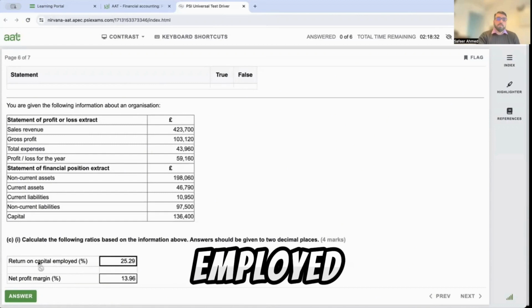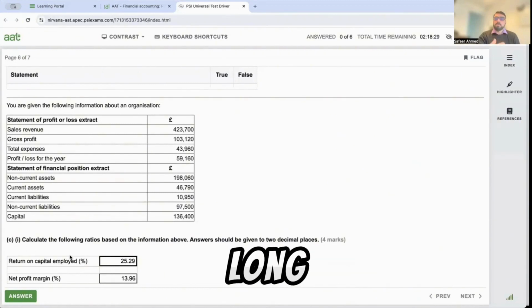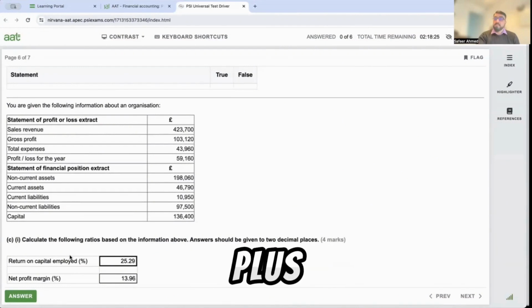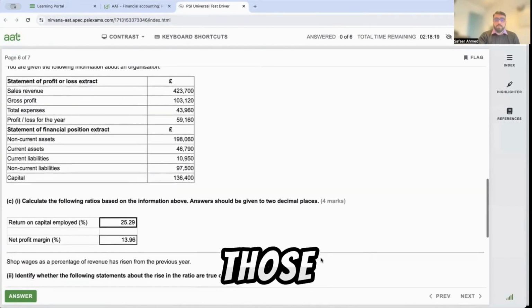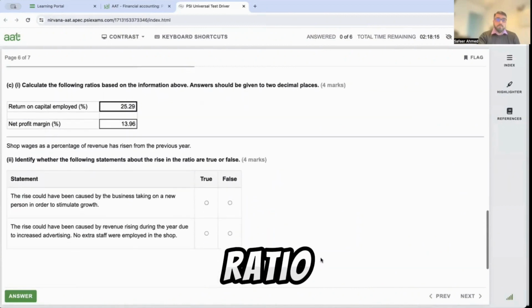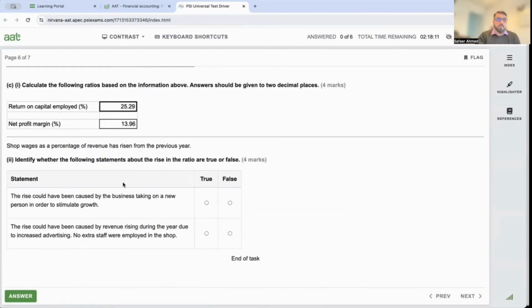Return on capital employed: capital employed is basically long-term finance. So capital employed will be non-current liabilities plus capital, so you'll be just adding those two figures. And then I think if you put those values in that formula, you can calculate any ratio. Those ratios, of course, but there can be other ratios.